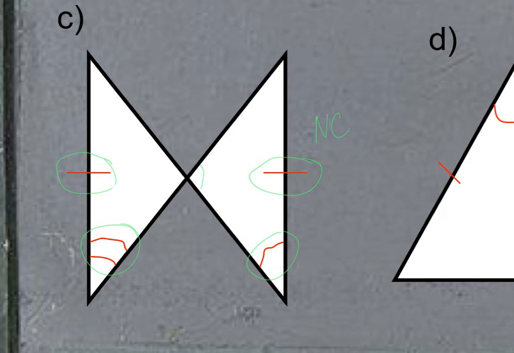This angle and this angle, these are the same, right? But do we know anything about the sides here? And anything about the sides here? No, okay? So it stays as NC, not congruent, okay? Even though we know that those two angles are congruent, we don't know anything about the sides that contain them.